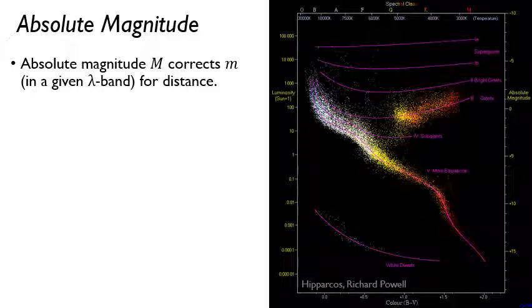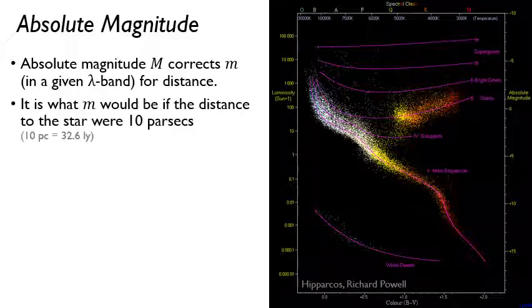The absolute magnitude is what allows us to correct the apparent magnitude for the distance. It's basically related to the luminosity, but again, we're focusing on just a given wavelength band. It is defined as what the apparent magnitude would be if your star were 10 parsecs away, so about 33 light years away.